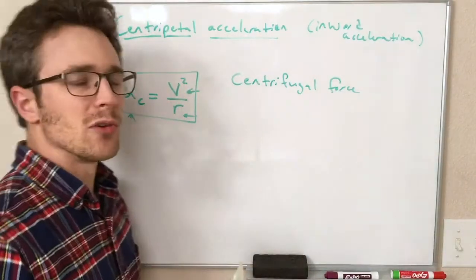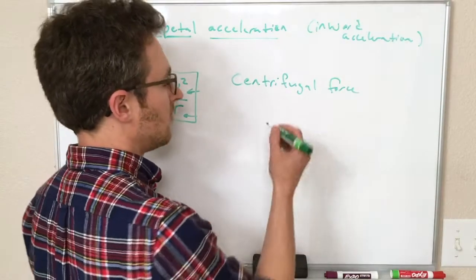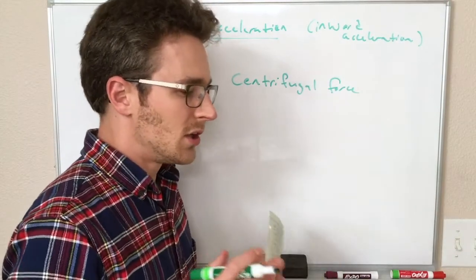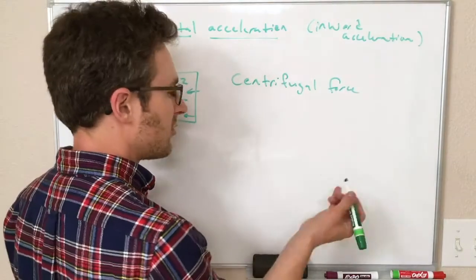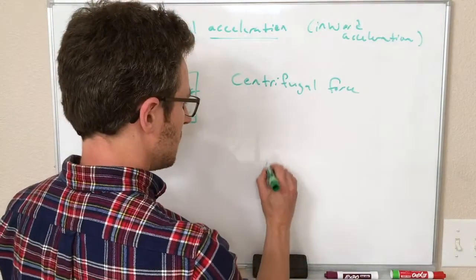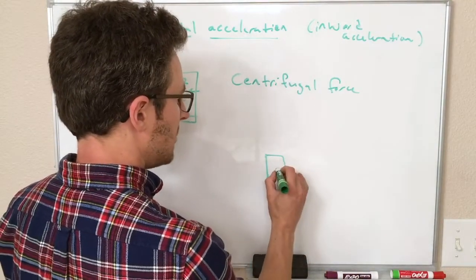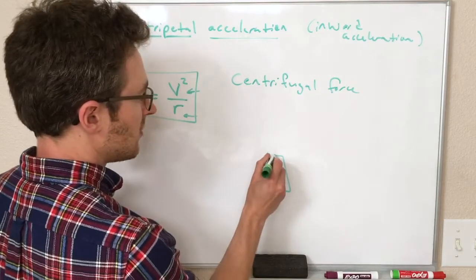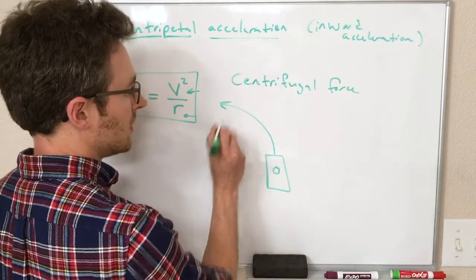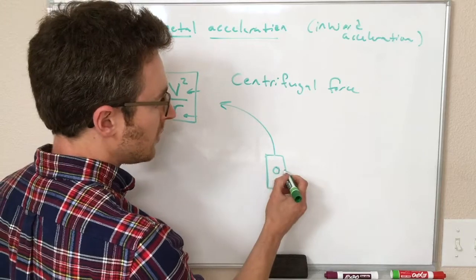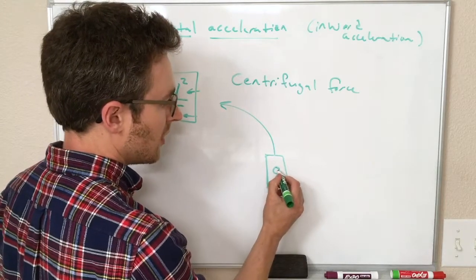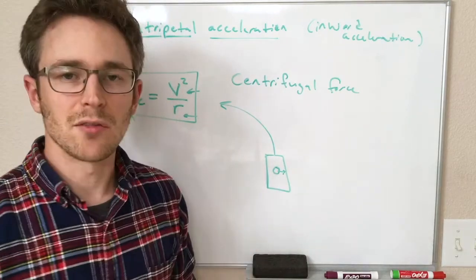So our centrifugal force, and what I mean by that is, let's take a step back. If you're in a car, and I'm going to draw this car bigger, and you're sitting in a car, and this car drives in a circle like that, you feel a force that pushes you to the outside of that curve, right?